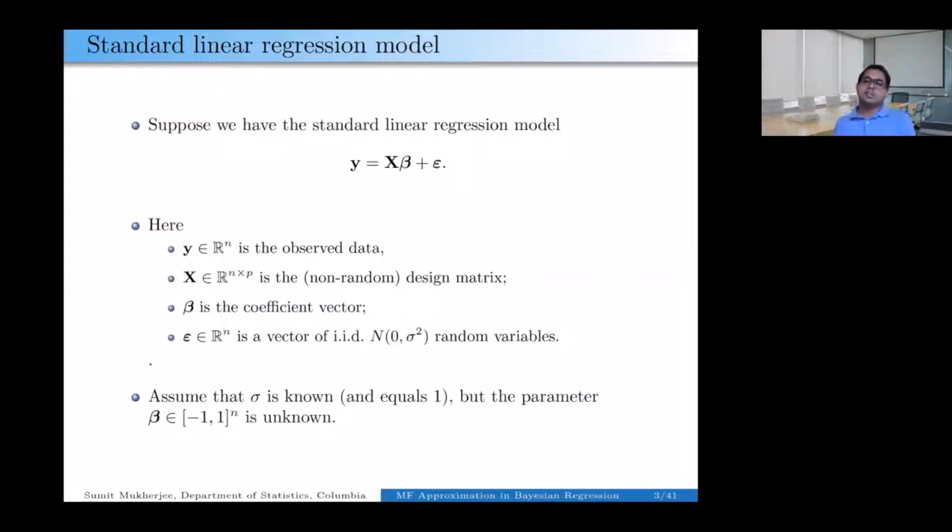This should be [-1, 1] to the p, sorry for the typo. It is not important that the set is [-1, 1]; it could be any compact set on R. That's fine, but our current techniques only allow compact sets, and I'll talk a bit about this assumption as we go forward.